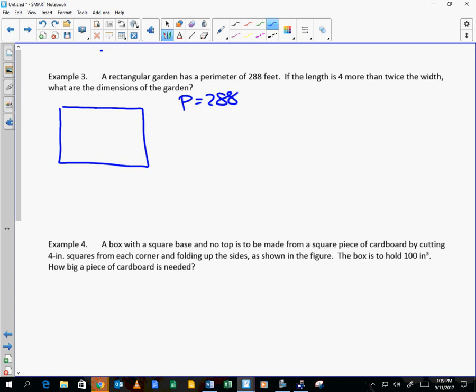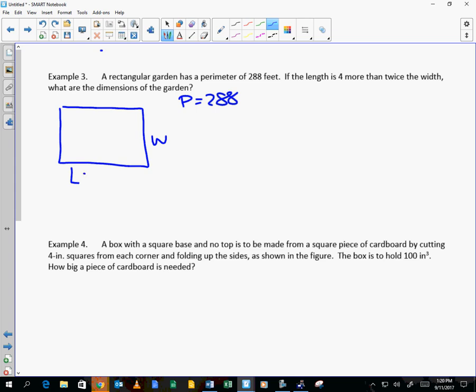Now what? Okay. Or how about W? I like that. The length, look at how the English just spells out first.